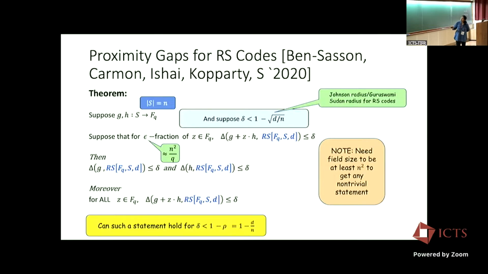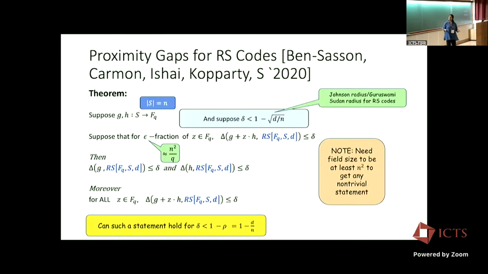So can we make Q linear in n and still get such a statement? This would have very interesting consequences in other scenarios. So it's interesting to ask, can this epsilon parameter be improved? It's also interesting to ask, can we get such a statement for delta larger than 1 minus square root rho? Can we go all the way up to 1 minus rho?